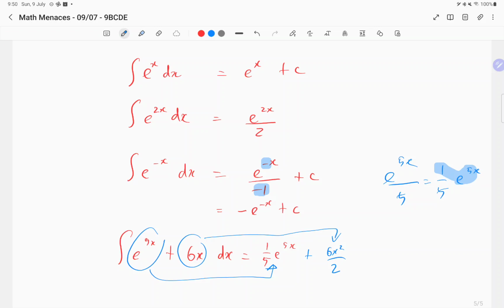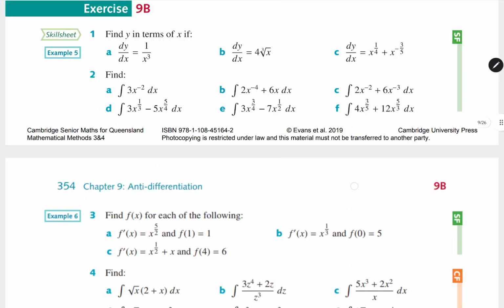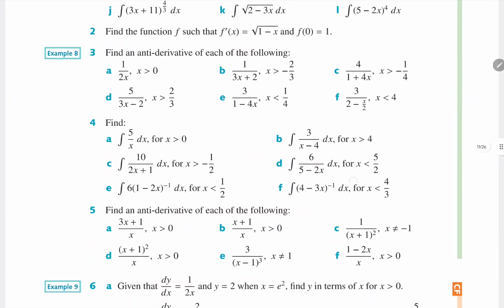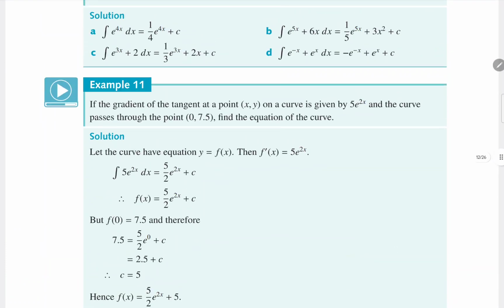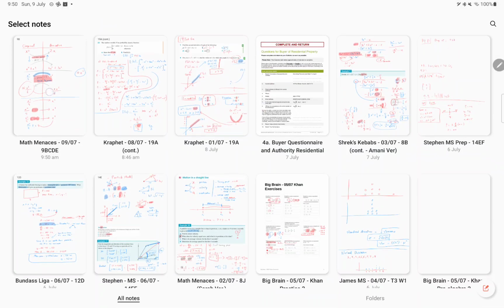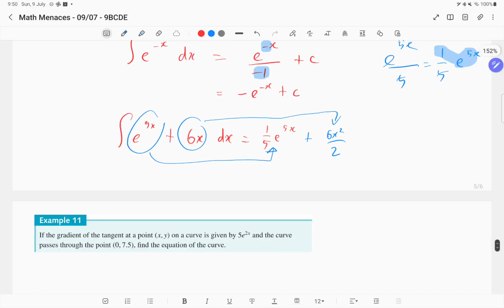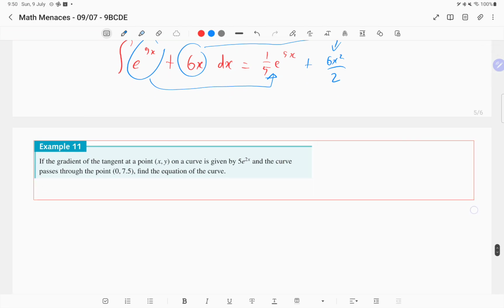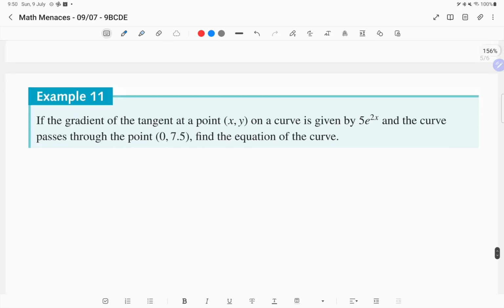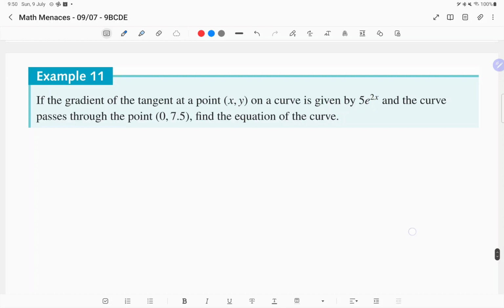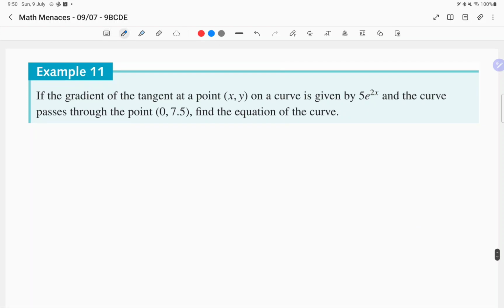Okay, we'll go through example 11, because I think this one is good to show you an actual application of this. Example 11: if the gradient of the tangent at a point is given by this and the curve passes through the point (0, 7.5), find the equation of the curve.